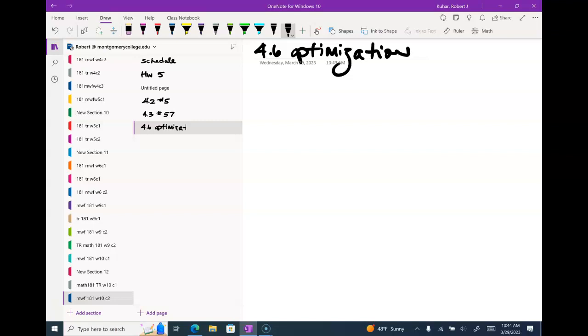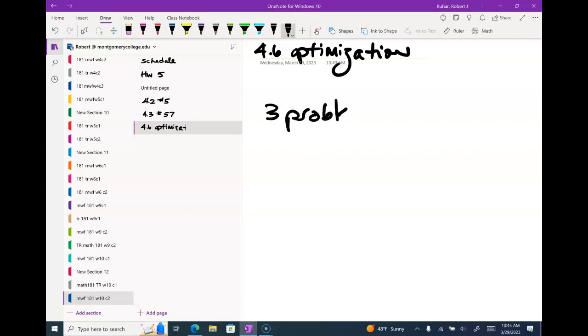So that's the idea here. We're going to have some kind of information that we know, and we're going to try to minimize or maximize something, either to make a profit or to find the best quantity to make. So optimization, there's really three problem types that I like to deal with.